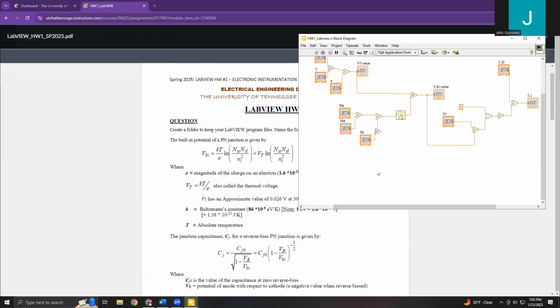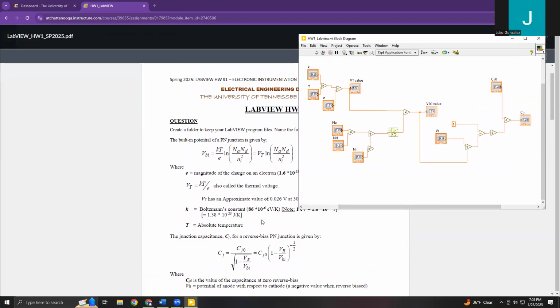Let's go through my program methodically, real quickly. I started from left to right to get my VBI, because that's what I need to find first in order to calculate the junction capacitance, the built-in potential, the voltage.